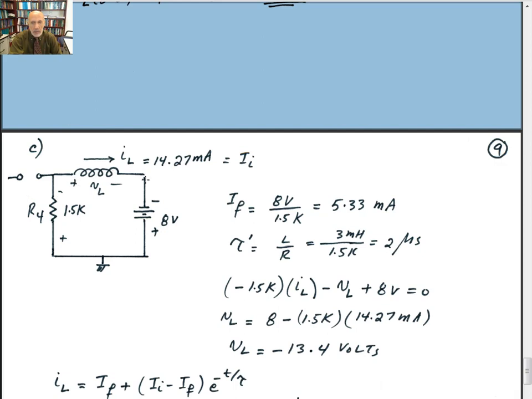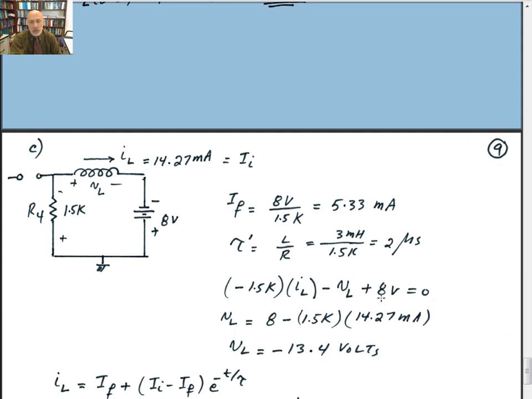So if you add up the voltages, they should add up to 0, to calculate the initial voltage across the inductor, because that could change instantly. So if I go around the loop in that direction, you got 1.5K, that's negative, times 14.27 milliamps, plus minus, that's minus V sub L, minus plus, that's plus 8 volts, has to be equal to 0.